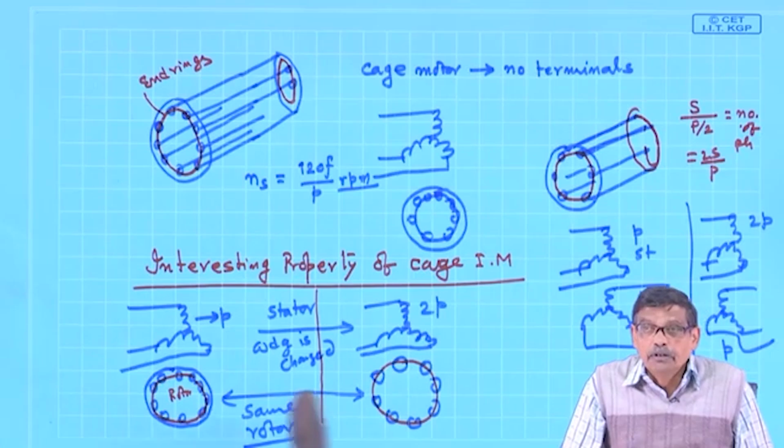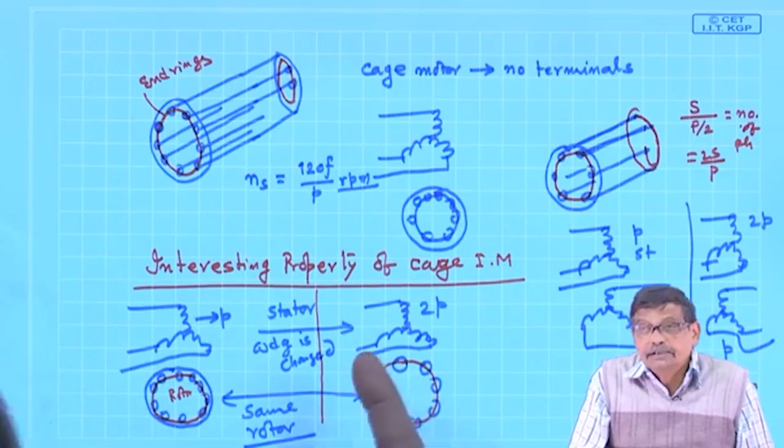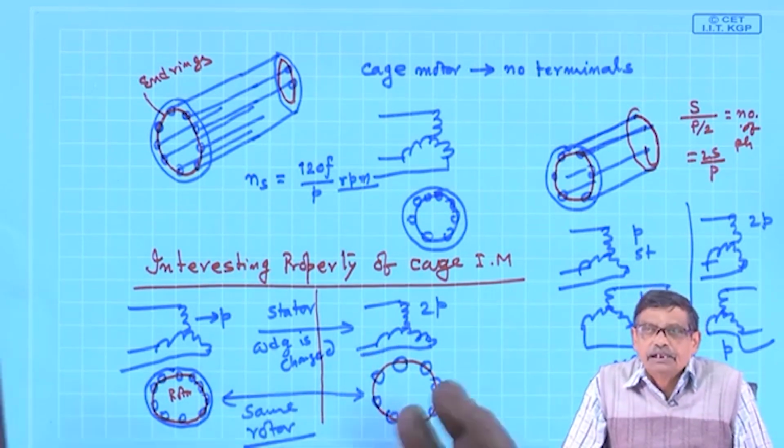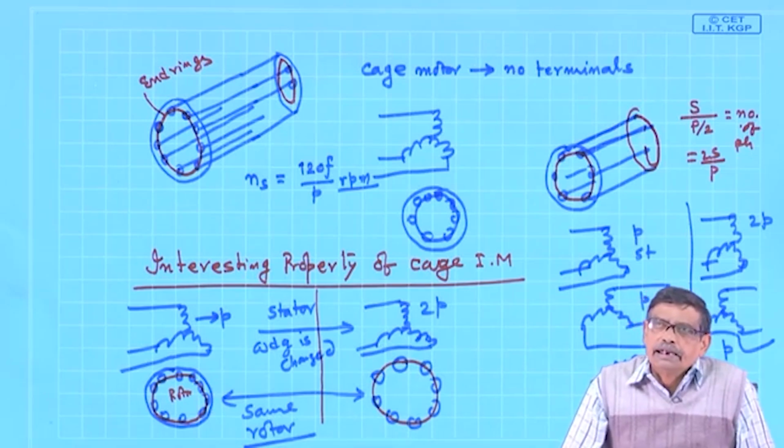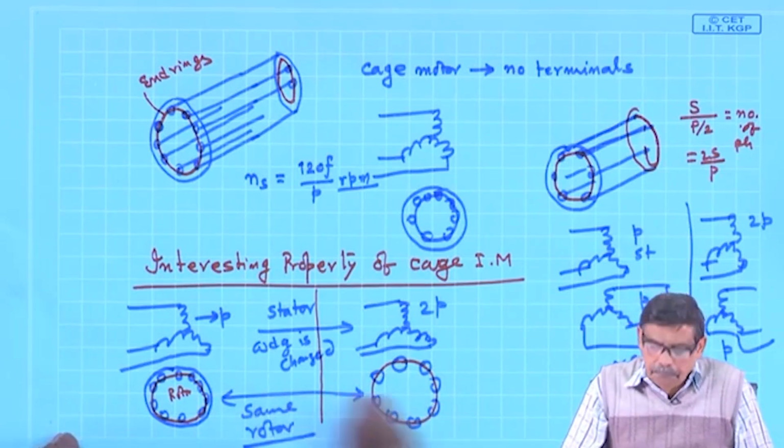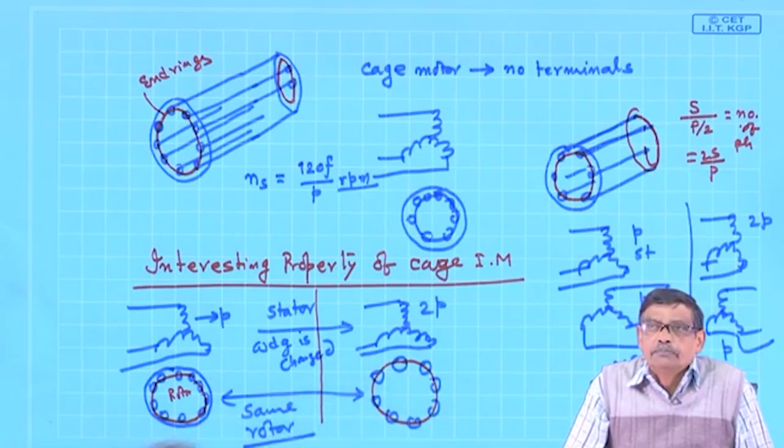And that is possible provided the rotor is cage. That is what I am trying to tell. So, the cage induction motor also became popular because of this.